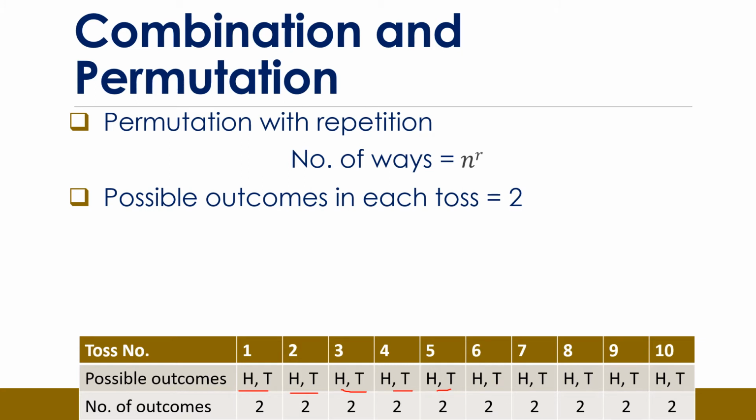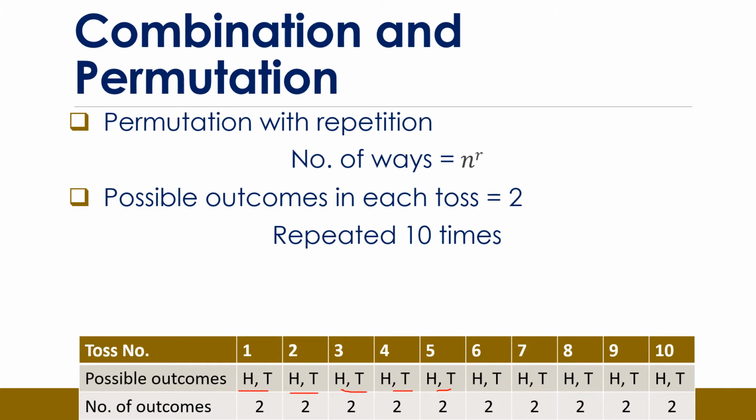That is, we can have a head in the first toss, a head in the second toss, a head in the third toss, a head in the fourth toss, and so on, up to 10. So each outcome has a possibility of being repeated 10 times.